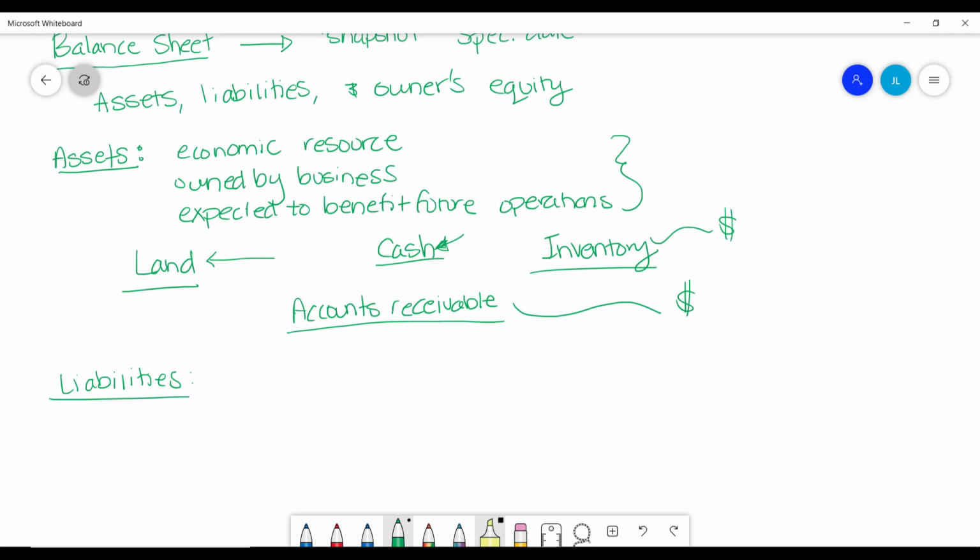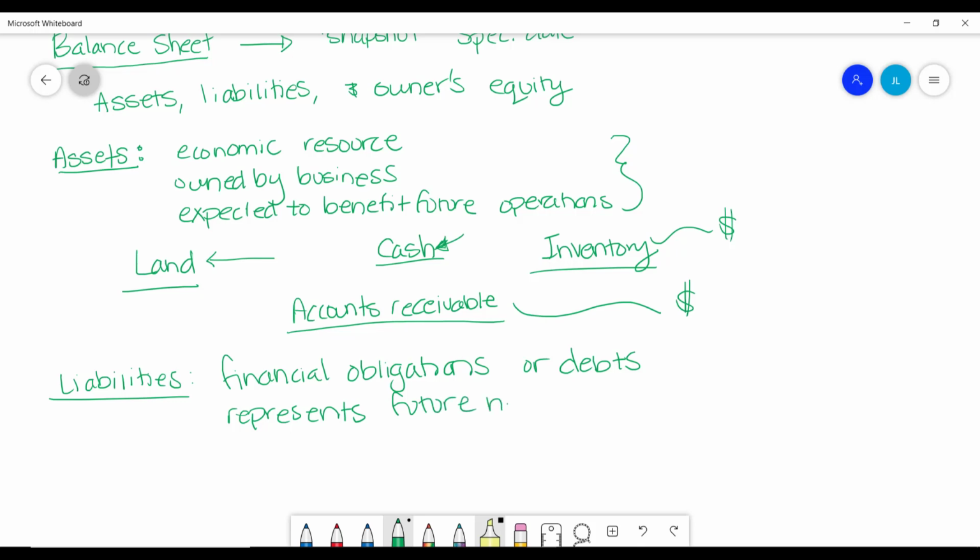It's basically financial obligations of a company, financial obligations or debts. If you're looking at those different liabilities, it's basically what the company owes to others. So it represents future negative cash flows.